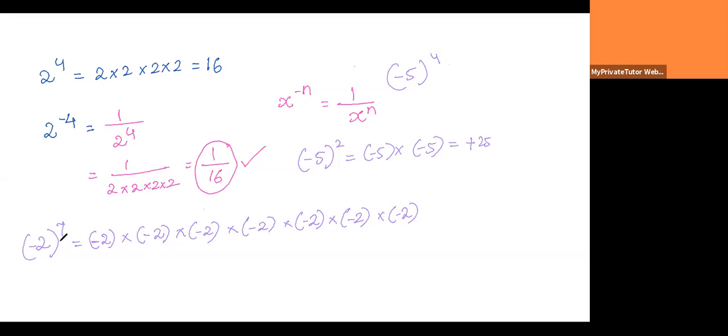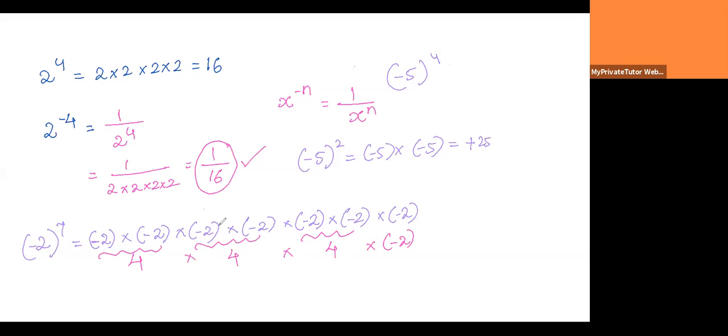But in this question, minus 2 power 7, we have an odd exponent, 7. See, this pair becomes 4: minus 2 times minus 2 is 4. And then this pair, minus 2 times minus 2, becomes 4. Finally, we're left with one minus 2, so one negative number.